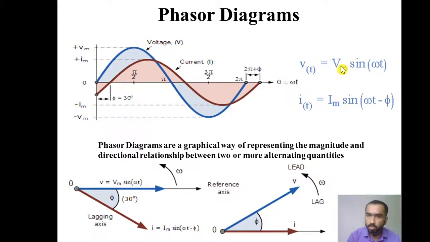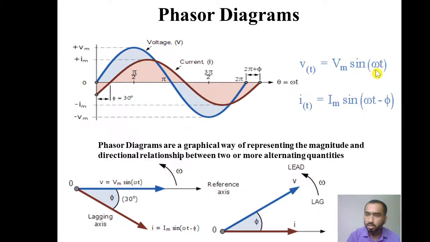Now you can see that in this equation only the time is changing. Vm, the maximum voltage for this signal, is constant, and the frequency of this signal is also constant, but only the time is changing, and according to this time the voltage is also changing, because for this sine, the angle is changing.